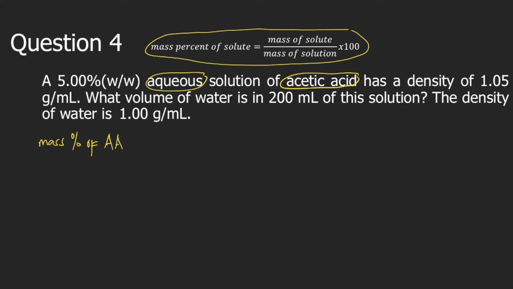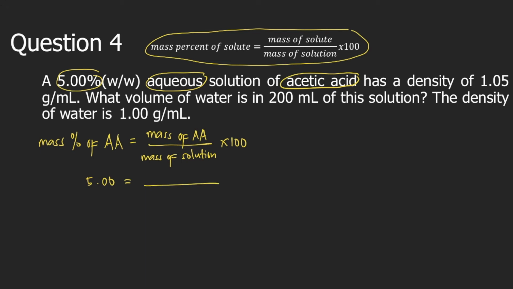So mass percent of acetic acid is equal to mass of acetic acid divided by mass of solution times 100. If you read the problem, we are given the mass percent of acetic acid, which is 5.00. So 5.00 is equal to, we are not given the mass of acetic acid. So just write mass of acetic acid.